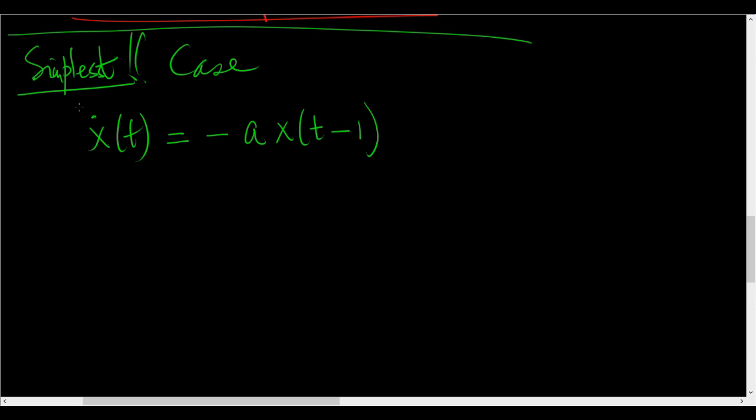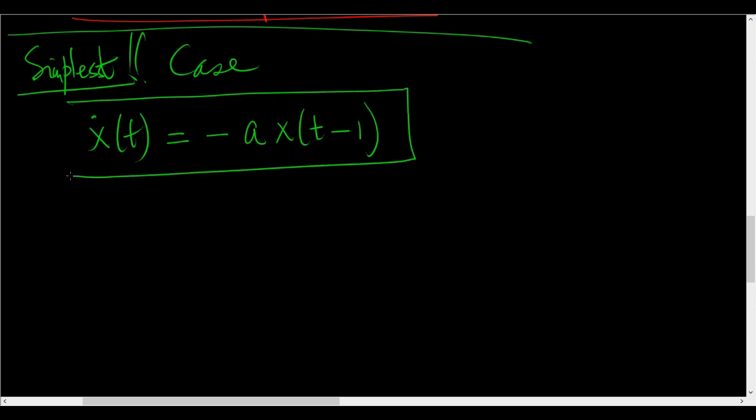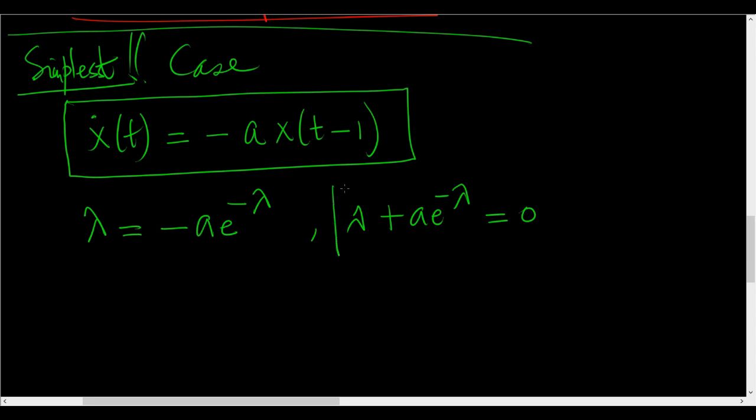Can't get simpler than that. Our characteristic equation is lambda equals minus a e to the power minus lambda, or lambda plus a e to the power minus lambda equals 0. a can be positive or negative, it doesn't matter.